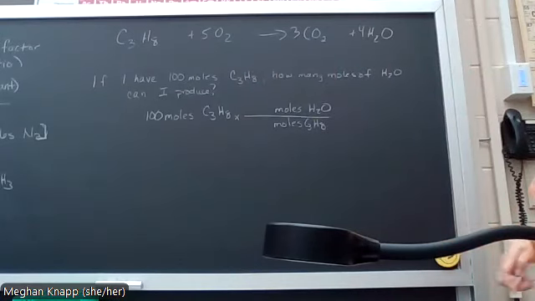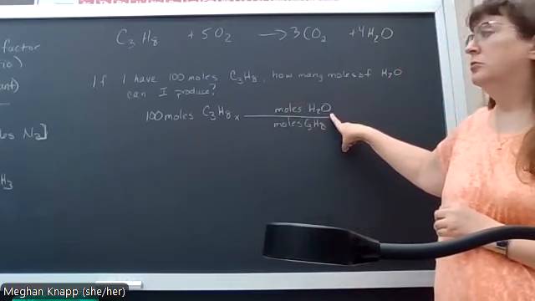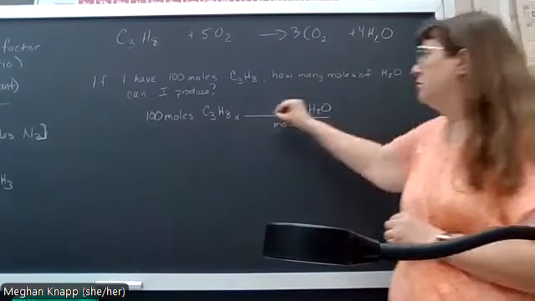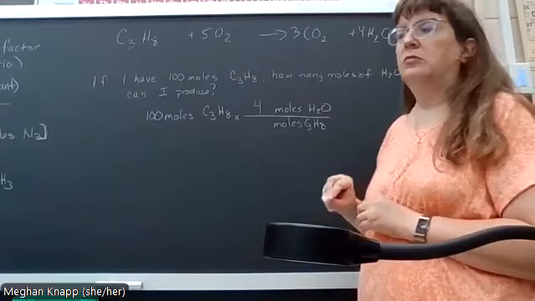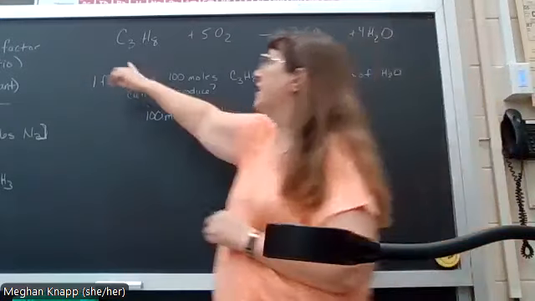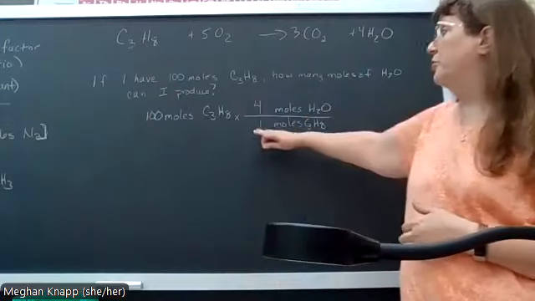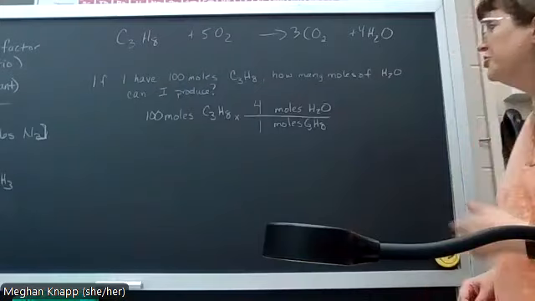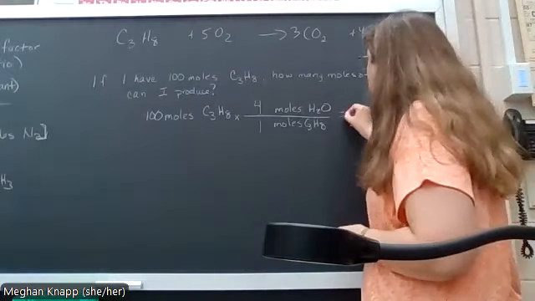So what number is going to go on top? We're going to take it from the water. What number is in front of the water? 4. What number is going to go on the bottom? 1. Remember that if there's not a number, that's our invisible 1. We can feel free to write the 1 in when we're doing a factor. So basically we have 4 times as much water as we have propane.